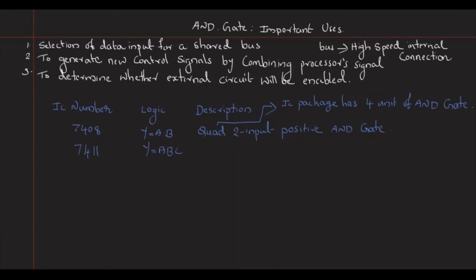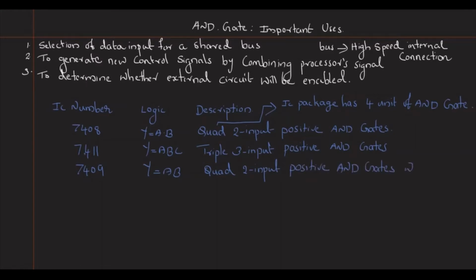Then 7411 with logic Y equal to ABC. It contains triple 3 input positive AND gates. Now 7409 with logic Y equal to AB. It contains quad 2 input positive AND gates with open collector outputs.